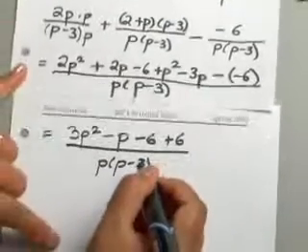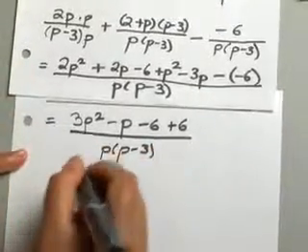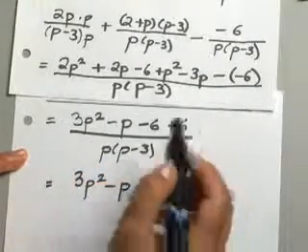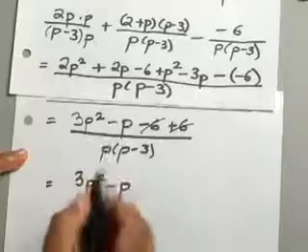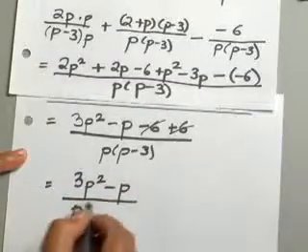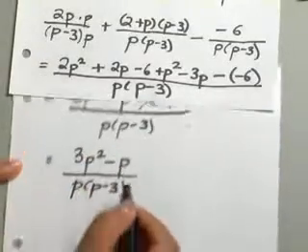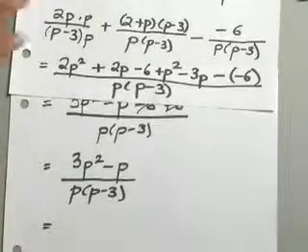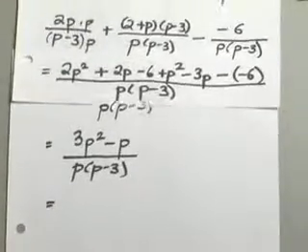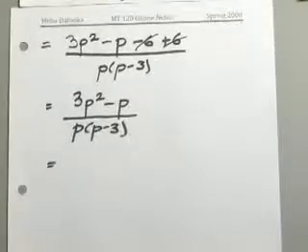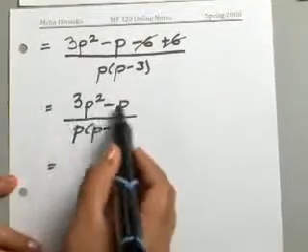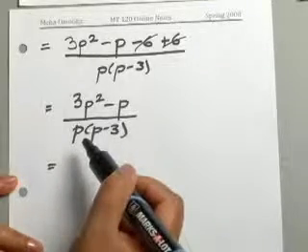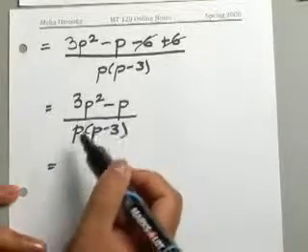over your common denominator. And then that leaves you with 3p squared minus p, because again, negative 6, positive 6 will cancel out. And you're left with 3p squared minus p over your common denominator. Now again, you can go ahead and see, can you factor this any further? Can you put this in lowest terms, smaller terms?